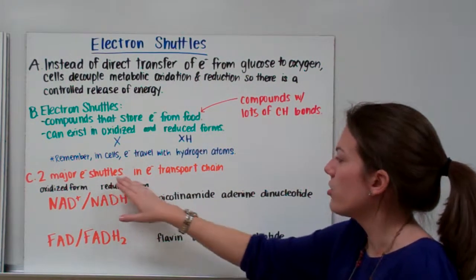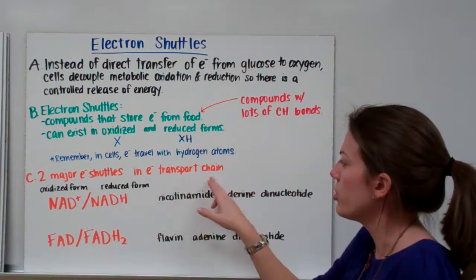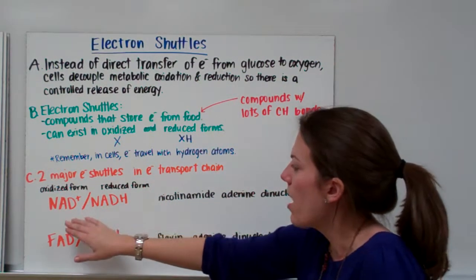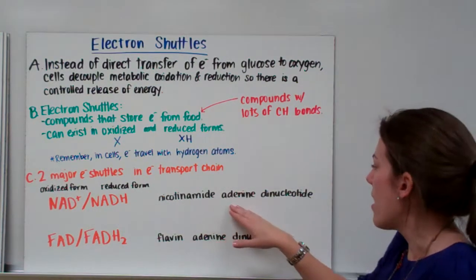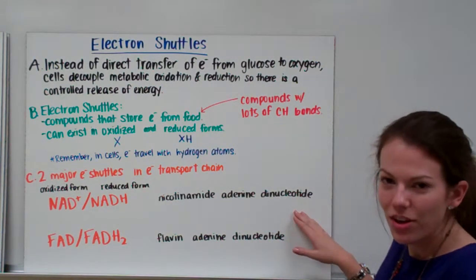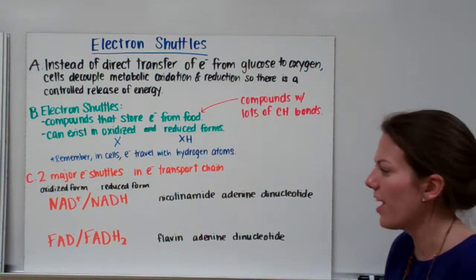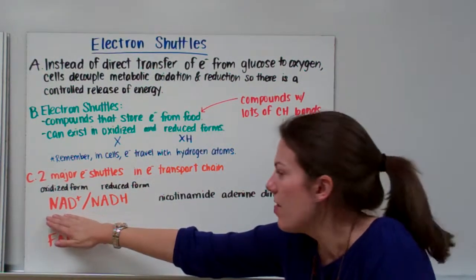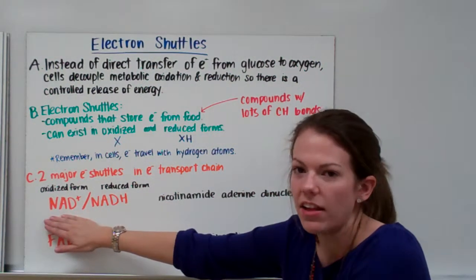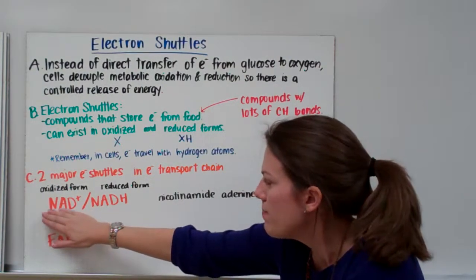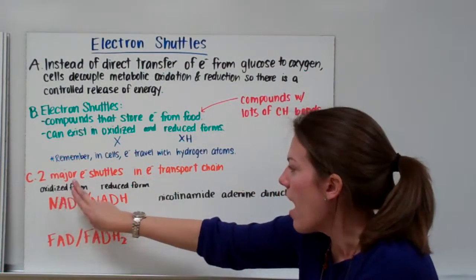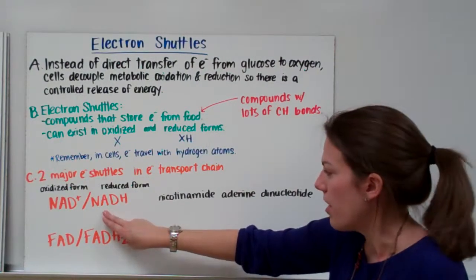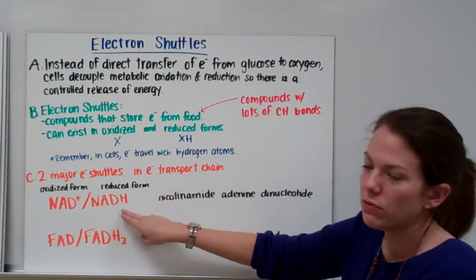We have two major electron shuttles in the electron transport chain. We have nicotinamide adenine dinucleotide, and you don't have to know that long name. You can just abbreviate it as NAD, and that's the oxidized form. It doesn't have extra electrons bound. When we add electrons, we call that NADH, our reduced form.